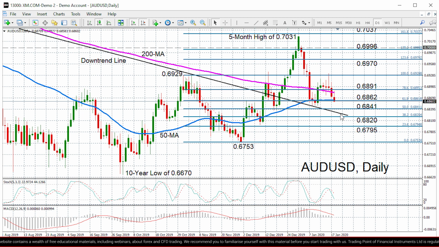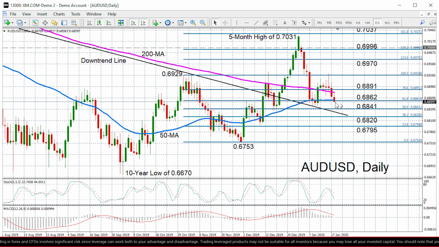And then if that trend line is broken to the downside, the weak uptrend would be in danger, and if prices head towards the swing low from November of 0.6753, we could see the medium-term picture turning bearish once again.